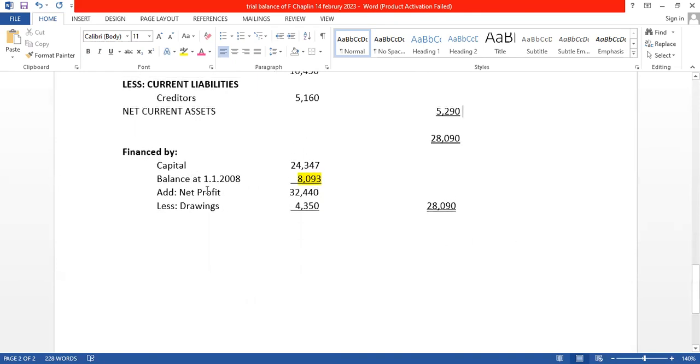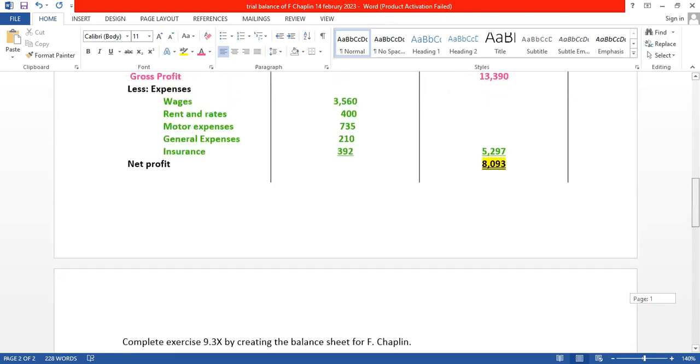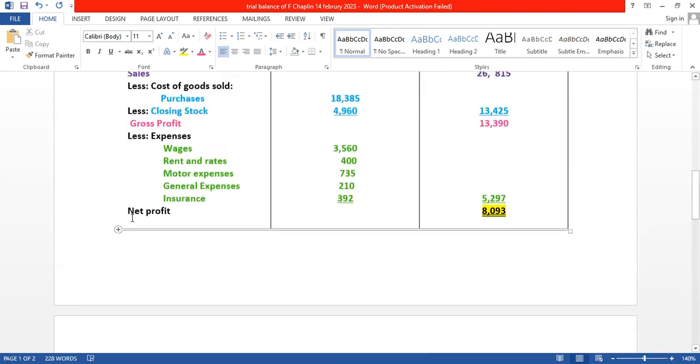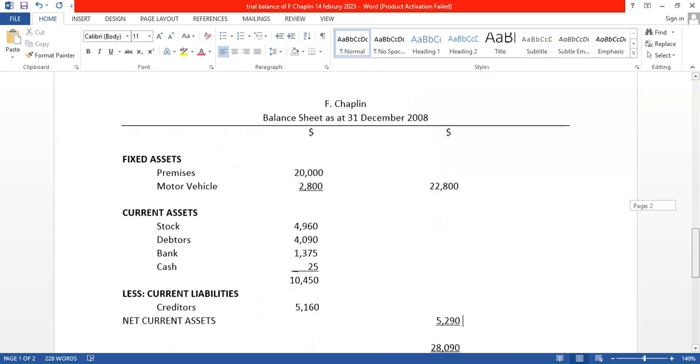This balance here at the 1st of January 2008 is the net profit that we would have found when we did the trading profit and loss account. See? This is the trading profit and loss account, and this is the net profit. I specifically highlighted it in yellow instead of changing the color of the font because we would be using it again in the balance sheet.